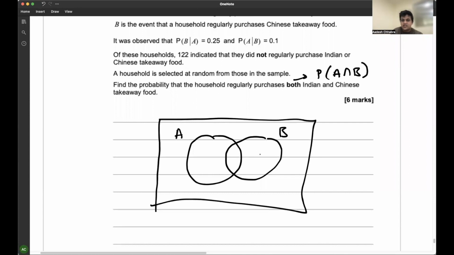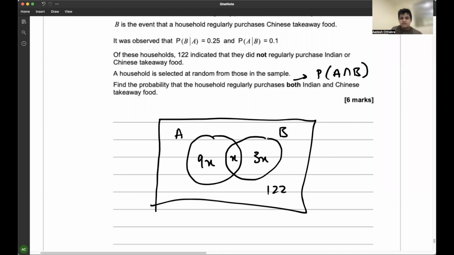So essentially, I know that if B given A is 0.25, then it could look like this, where the probability of a house purchasing both Indian and Chinese would be X, and X divided by 4X is of course 0.25, and this is B given A. Now A given B is 0.1, so that means that this here would be 9X, because now X divided by 10X is of course 0.1. And we have 122 households who've indicated they don't regularly purchase either.